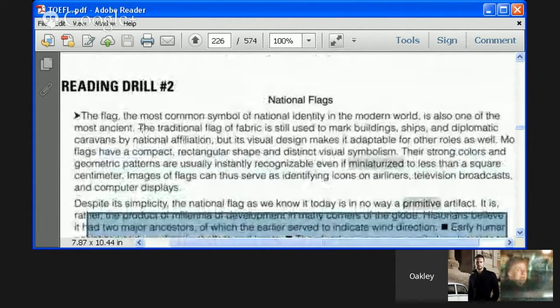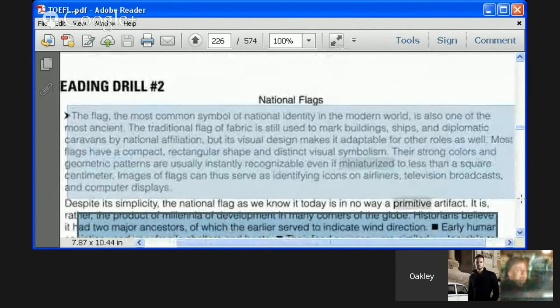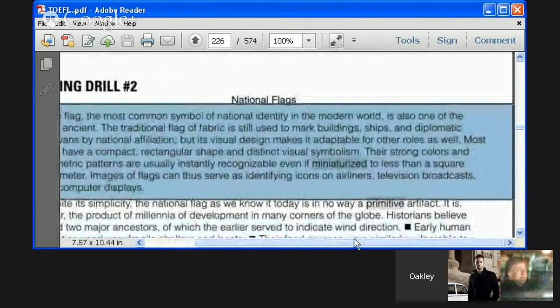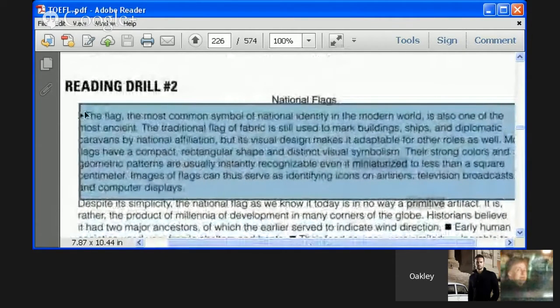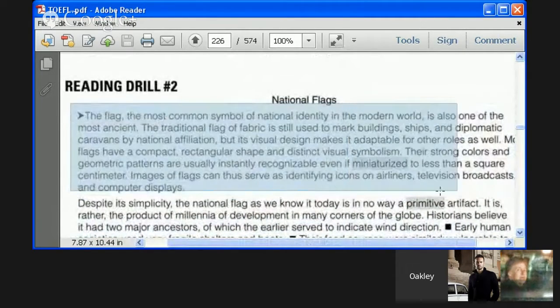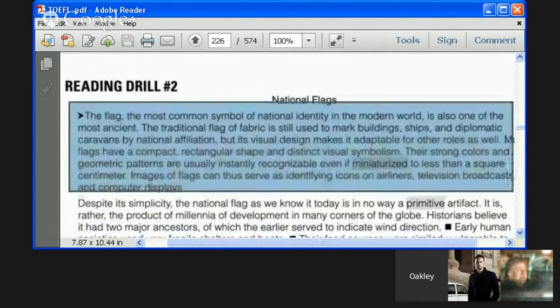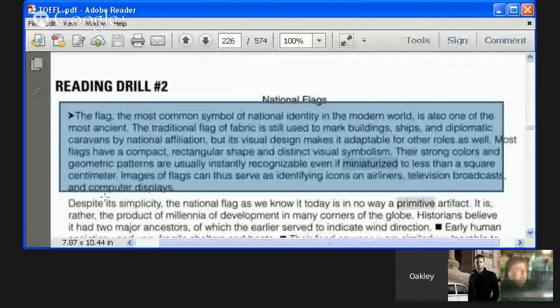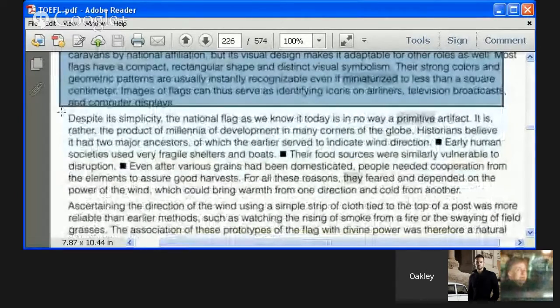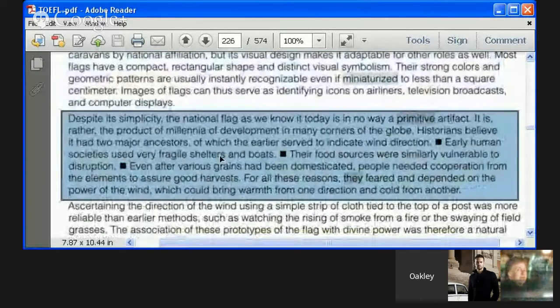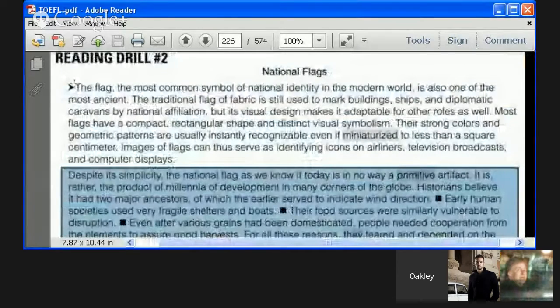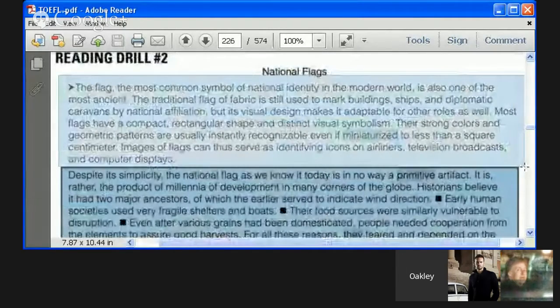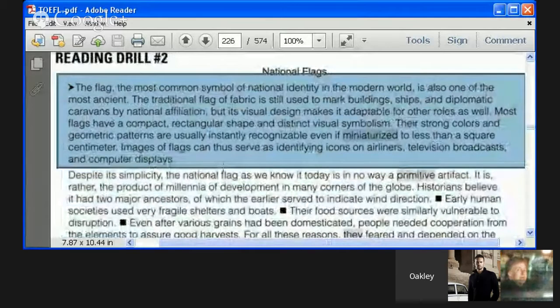I'm going to quickly read the first paragraph, which we should always be reading, and then I'm going to see how fast you can give me one or two words to summarize the next paragraphs. We're doing a little skimming exercise. National flags, it's going to be about flags.